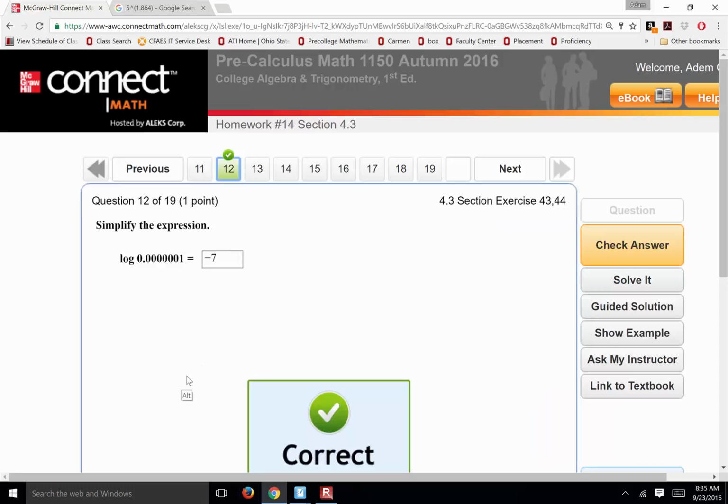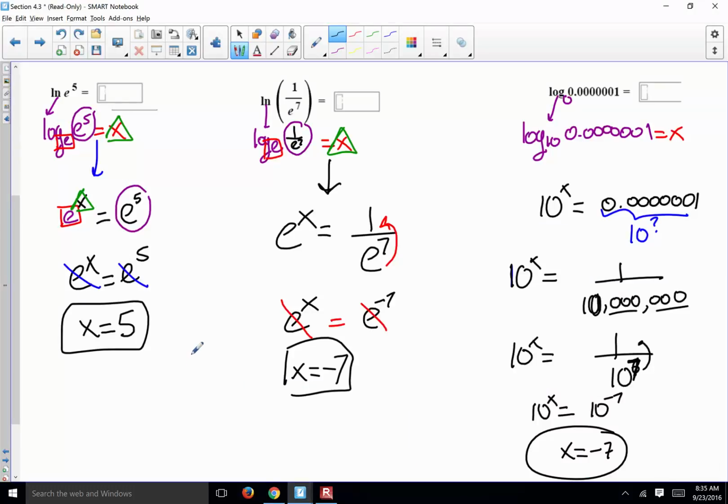Yep. Any questions? Make sense? You just need to change numbers to powers and set them equal. That's it.